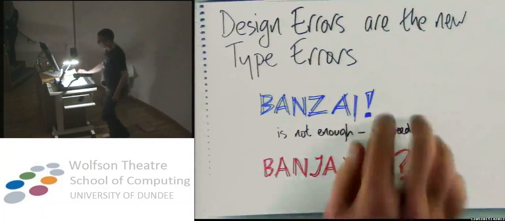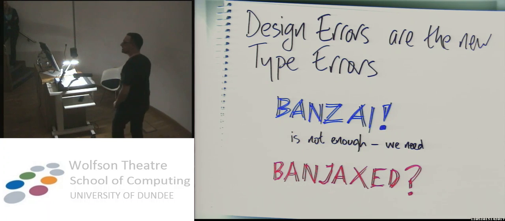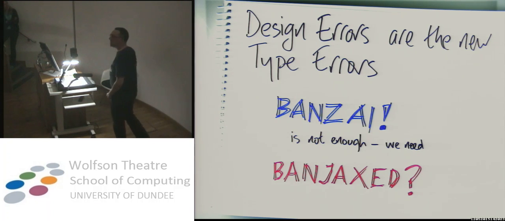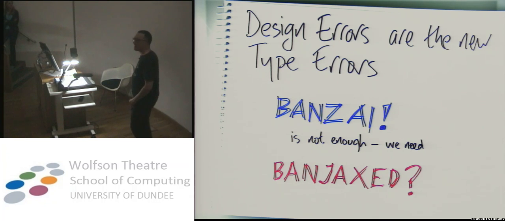I guess I will finish with this last observation that when you work in this world, design errors are the new type errors. When you propose types up front, the biggest danger is that the type you started with was a really bad idea.